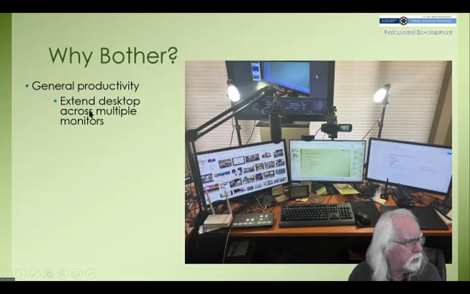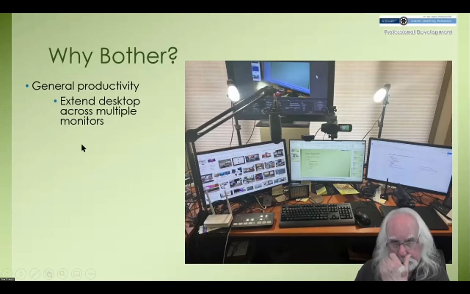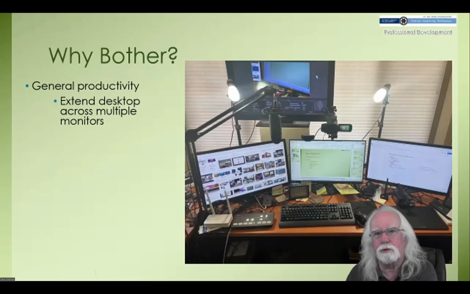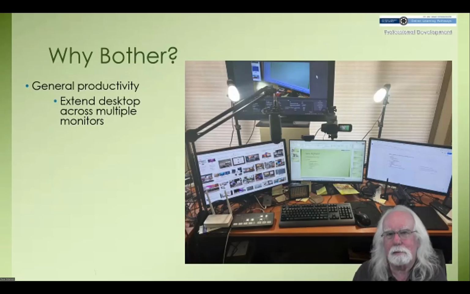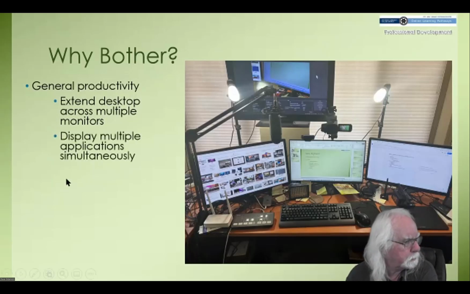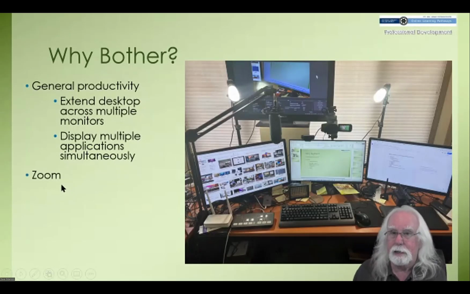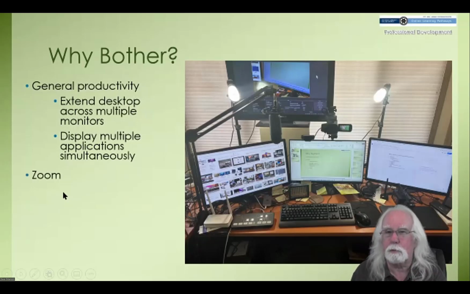What you can do here is extend your desktop across multiple monitors so that you can move windows from one monitor to another, and you can choose which monitor you want to display something. And this is really, really helpful when you're in a Zoom meeting, when you want to show people something that's on your monitor, and maybe you want to switch back and forth between applications.